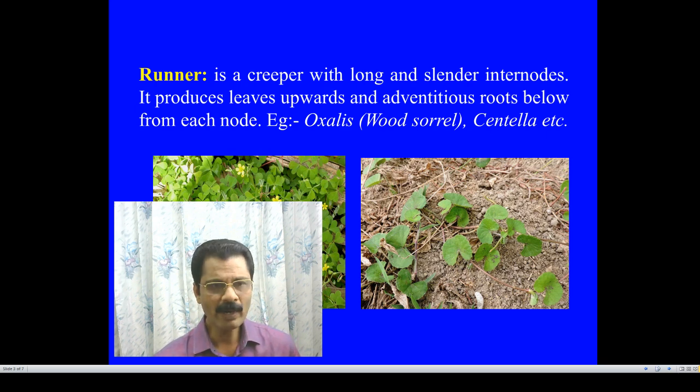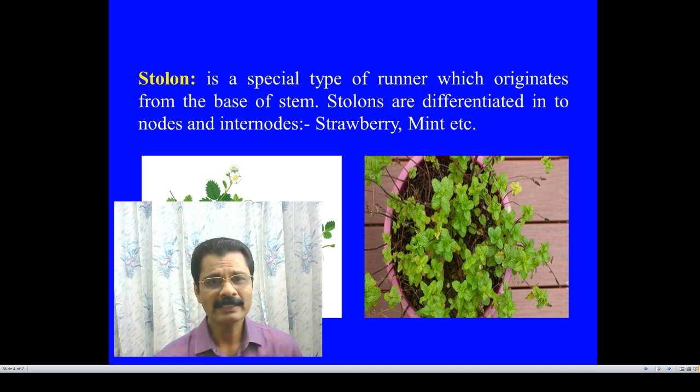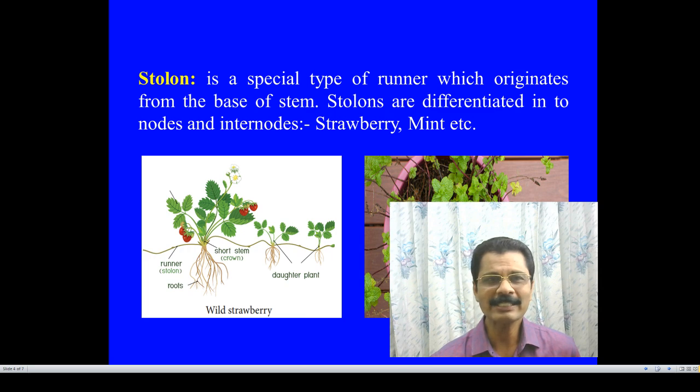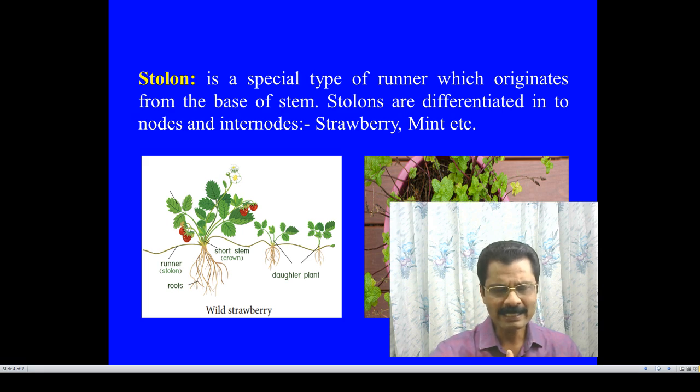So the next one is stolon. Then what is the difference between a stolon and a runner? Stolon is also a runner type. The difference is, in the case of runner, the branchlets or the branches of the stem grow horizontally on the surface of the soil.